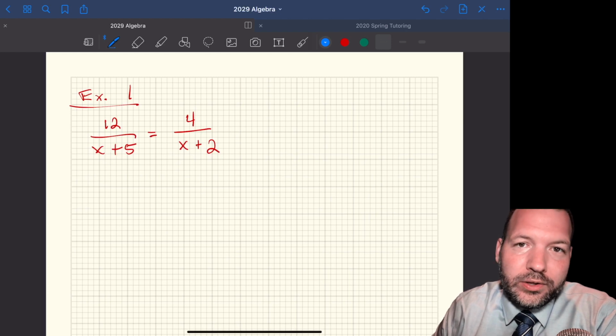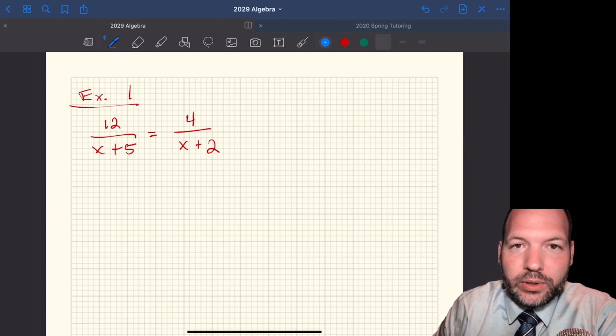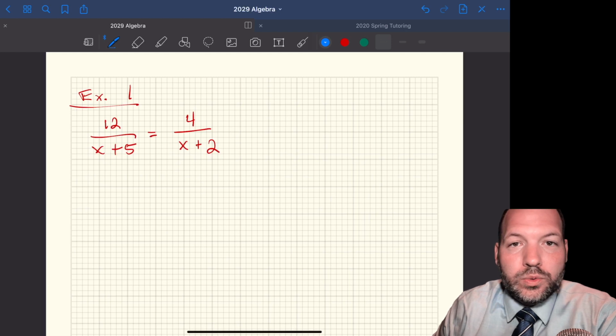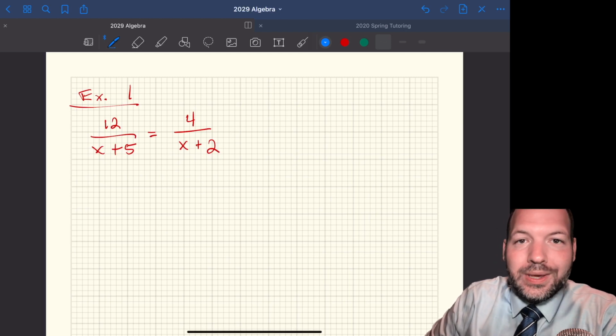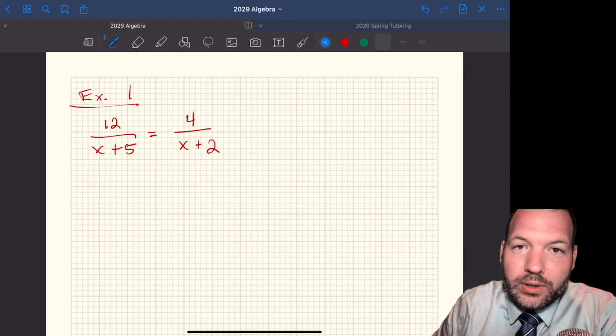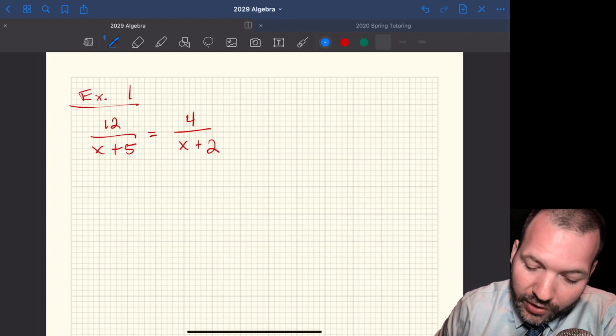Remember, there are certain values that because we have variables in the denominator, we cannot let that variable equal. Anything that would cause a denominator to be 0 would cause one side of the equation, if not both, to be undefined. And that's no good. That means we don't have a true solution whenever that happens. So we want to watch out for that from the very beginning.